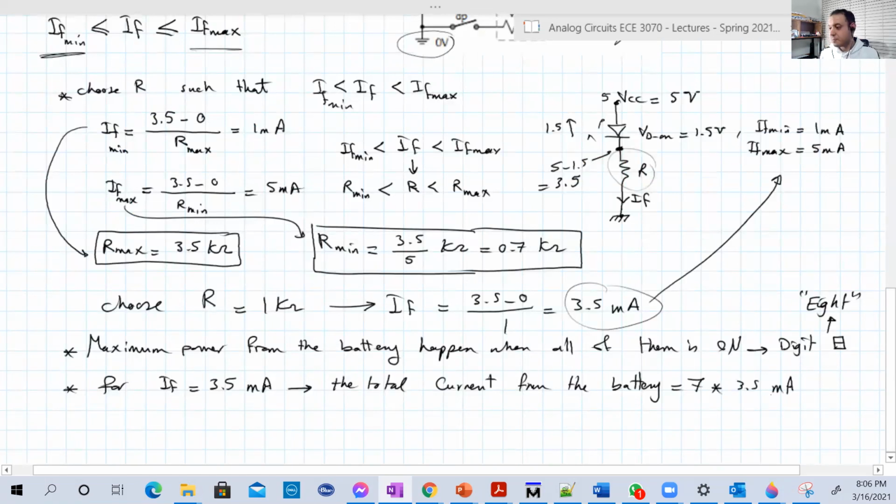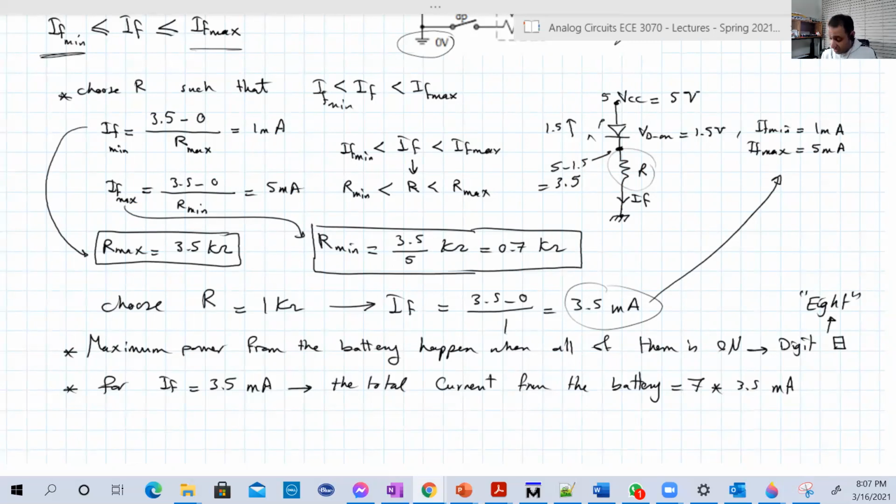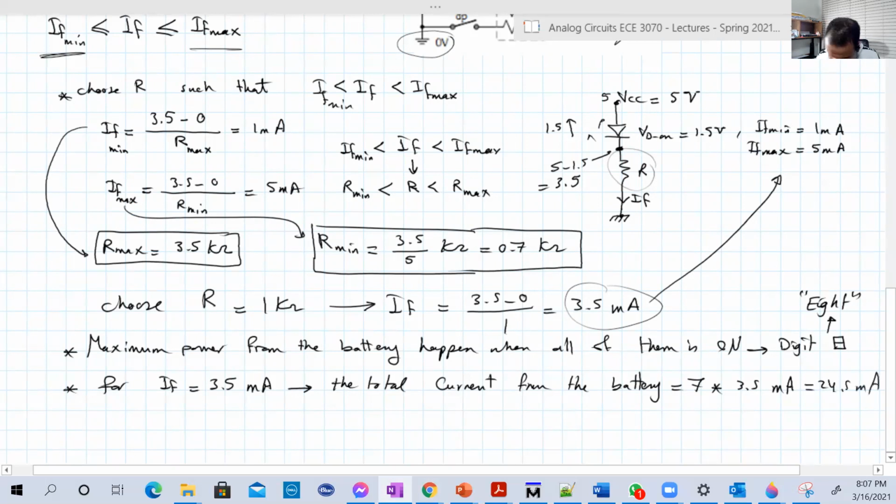So if we multiply, let's do that. This will be 24.5 milli. So the maximum power equal to the battery voltage.